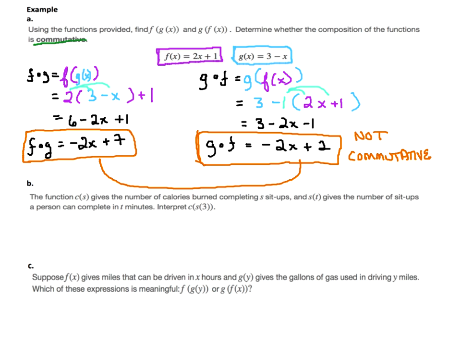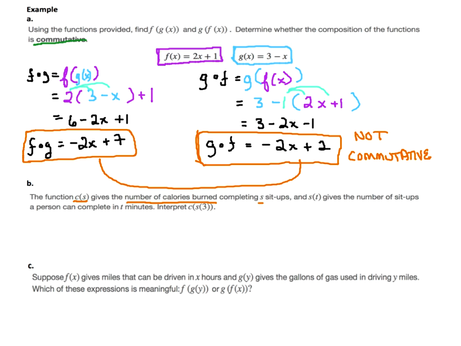All right, so in answering that question, you were able to practice composing functions both ways, f with g and g with f. All right, let's look at this next example here. The function C of S gives the number of calories burned completing S sit-ups.